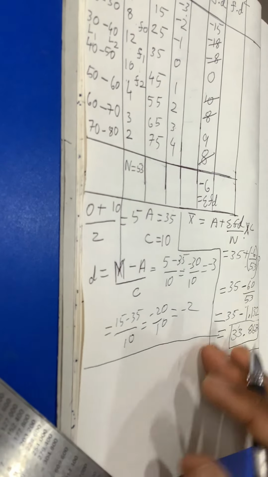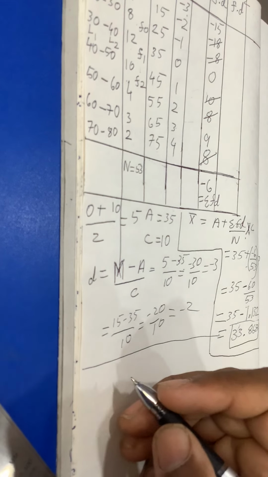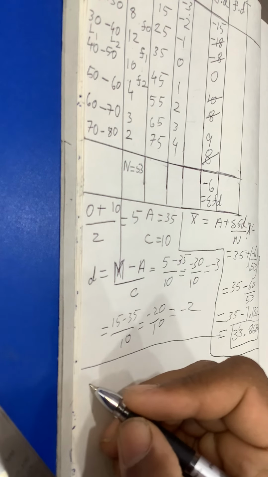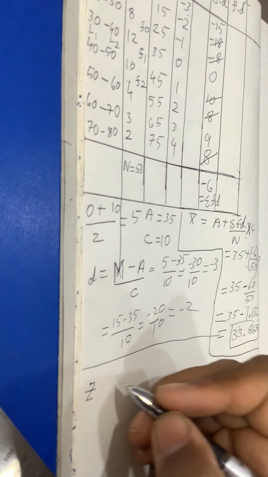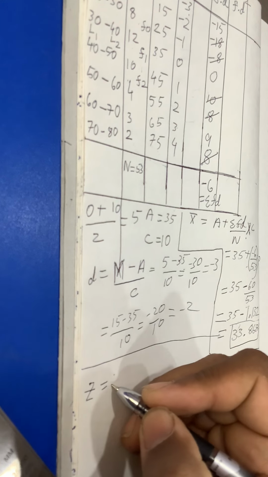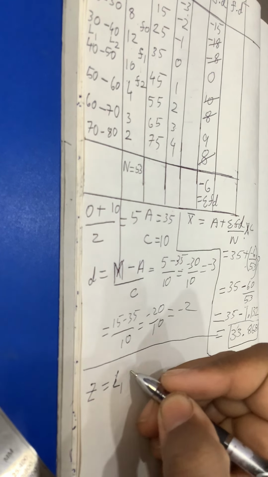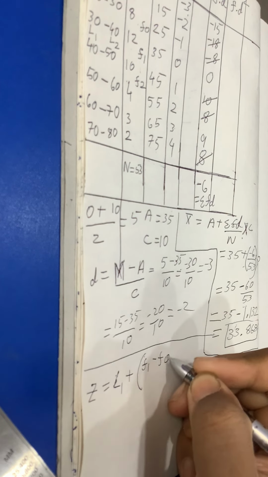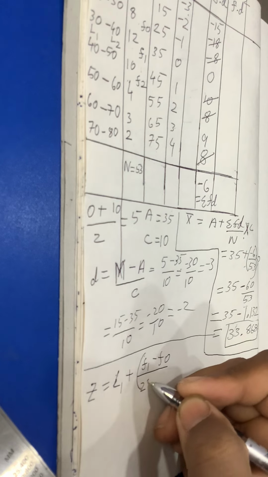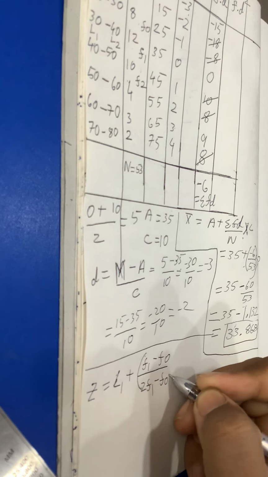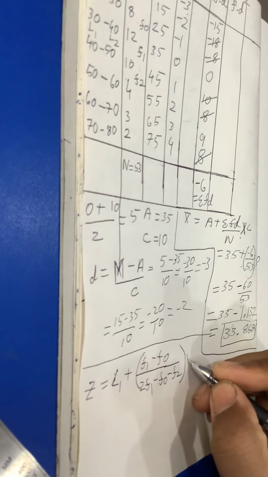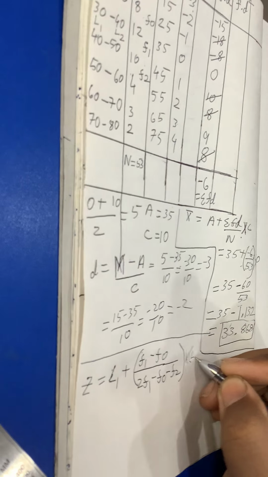Okay. So the way we calculate mode when we have L1, L2, F0, F1 and F2 is with the formula: mode Z, the symbol for mode, is equal to L1 plus, bracket, F1 minus F0 divided by 2F1 minus F0 minus F2, bracket close, into L2 minus L1.